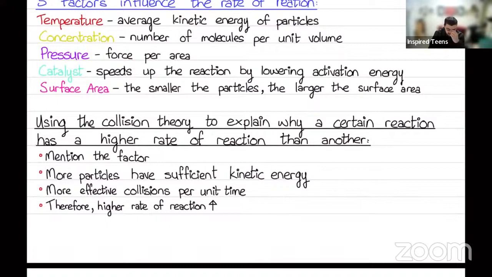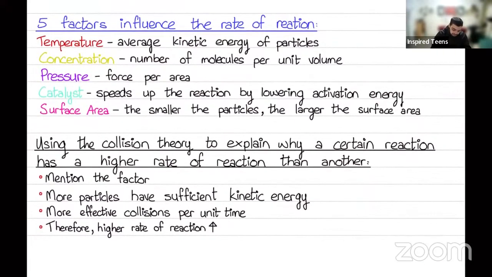So we mention the factor, that is, mention one of these 5, and you define it. For example, temperature: if you're comparing two reactions with different temperatures, whichever has the higher one will have a higher rate of reaction.